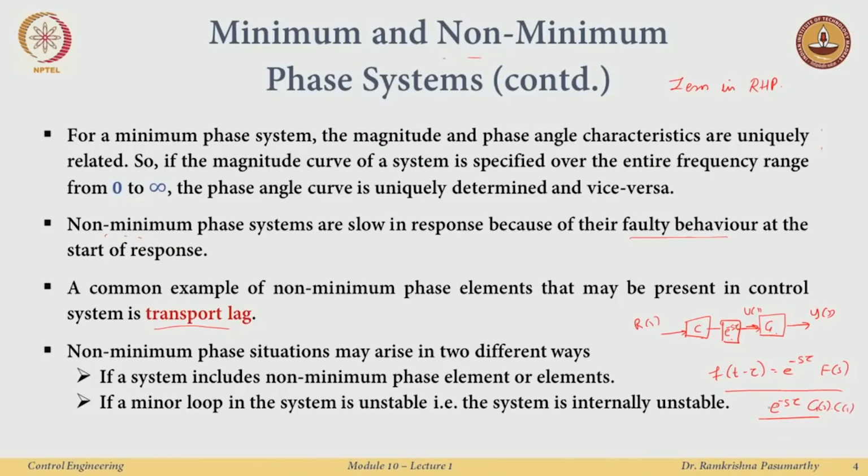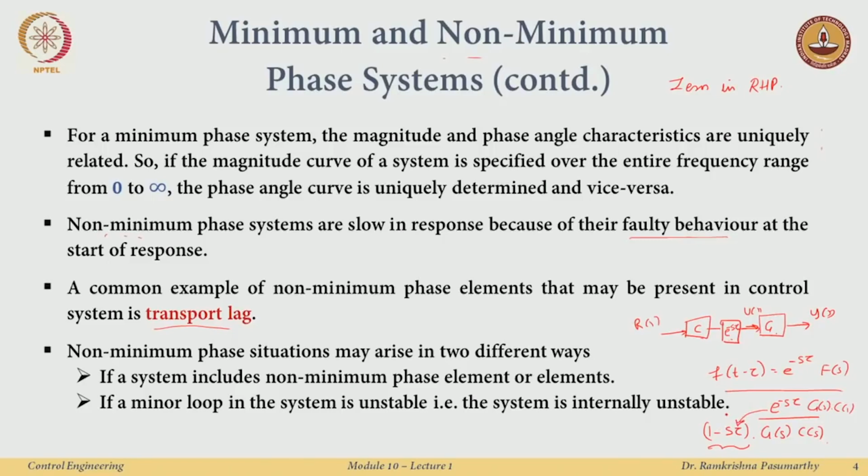If I take a small approximation, e^(sτ) can be approximated as 1 over sτ, and then you have G(s), C(s). This is not a very elaborate proof, just a small piece of evidence of what happens when I have a transportation delay or a transportation lag.